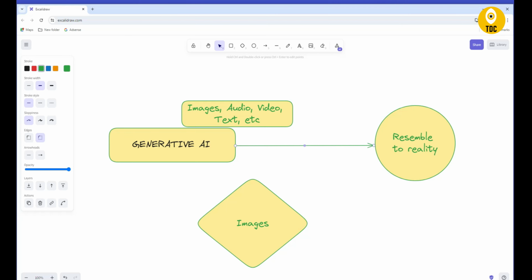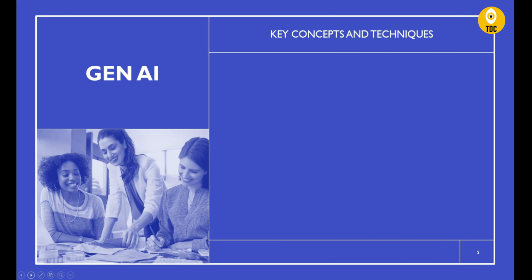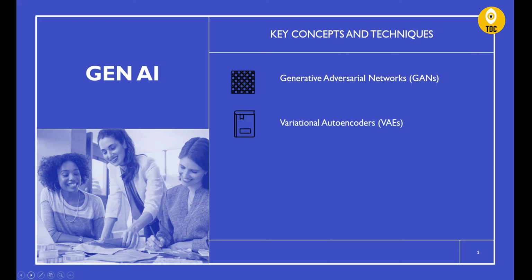So with that, we will switch to the key concepts and techniques for GenAI. It is GANs, that is Generative Adversarial Networks, Variational Autoencoders, transformers and diffusion models.